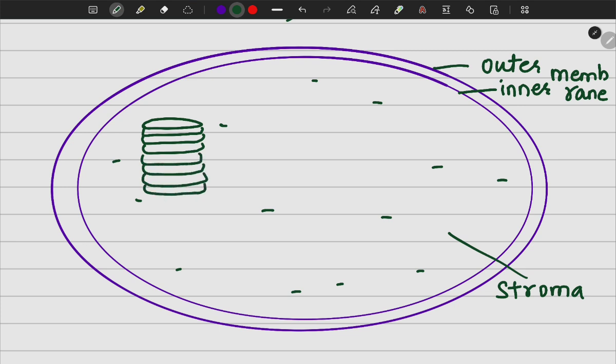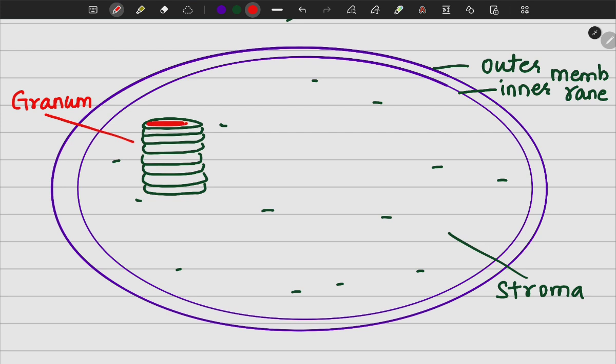It looks like the coins are stacked upon each other, and this structure is called a granum. A single structure is called a granum, plural is grana. So this stack of coin-like structures forms a granum, and the single unit or a single coin of this stack is called a thylakoid.